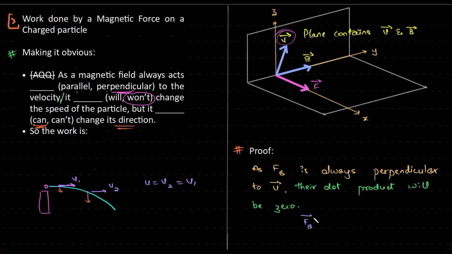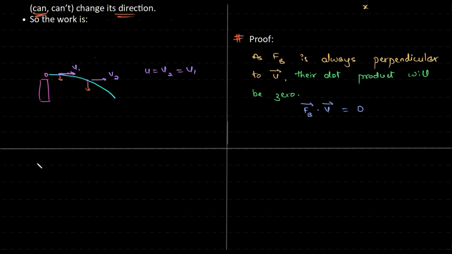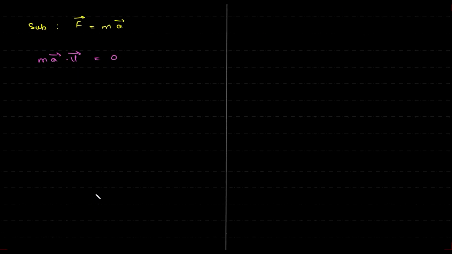The dot product between two vectors which are perpendicular will be 0. Now, force is given by mass into acceleration. So we have force, which is mass into acceleration, dotted with V, which is equal to 0. The right-hand side will continue to be 0. So we just substituted this and we got this.